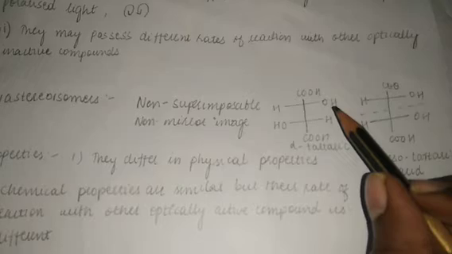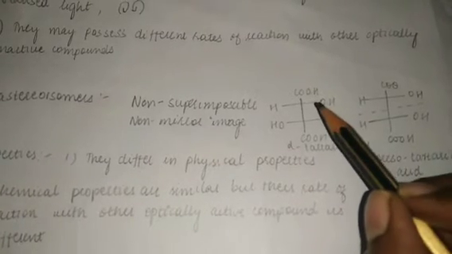Now if we talk about diastereomers in general, they are also non-superimposable, but they are non-mirror images.